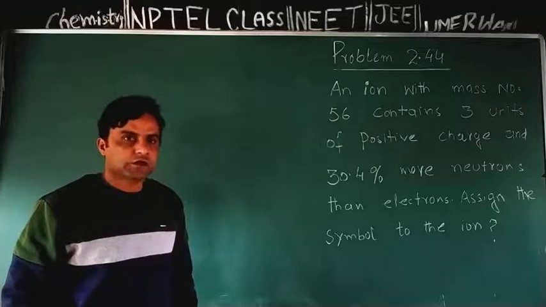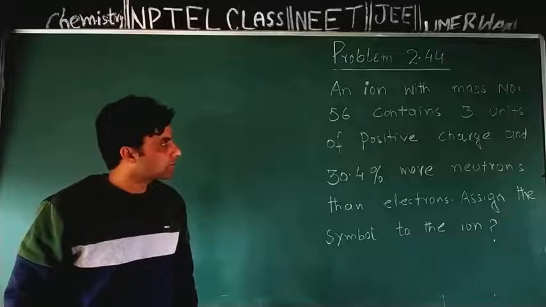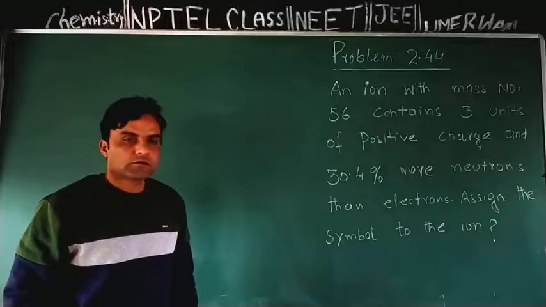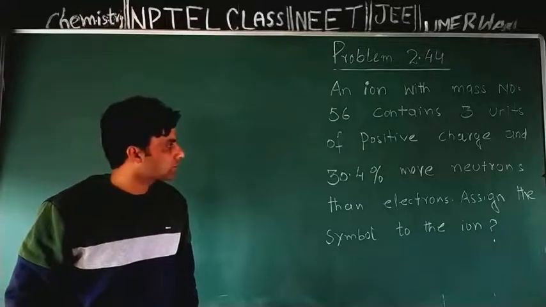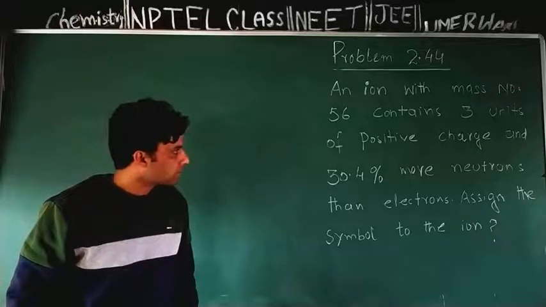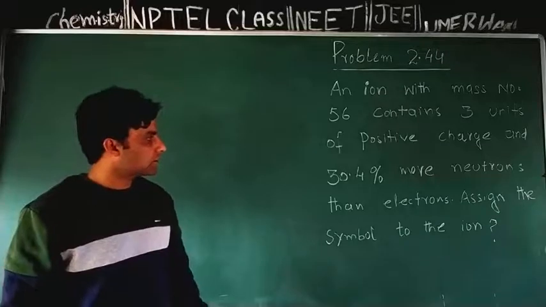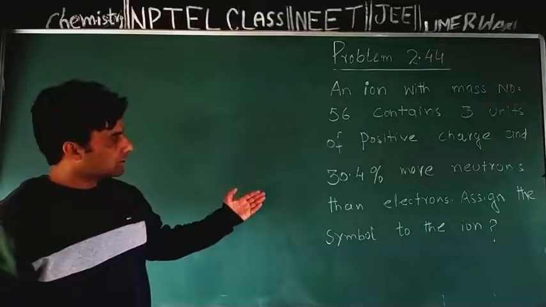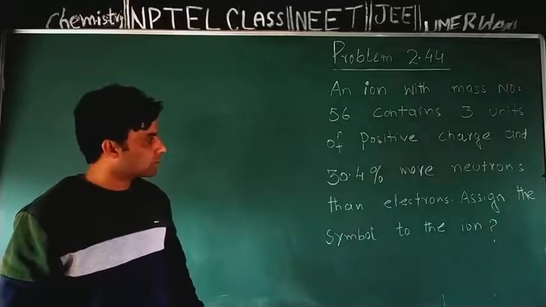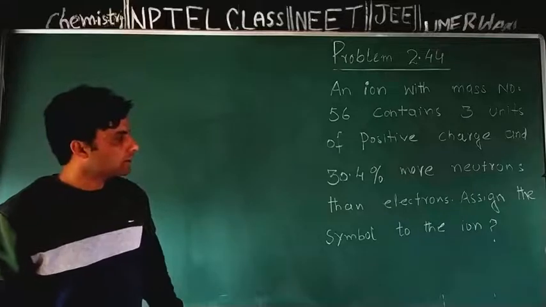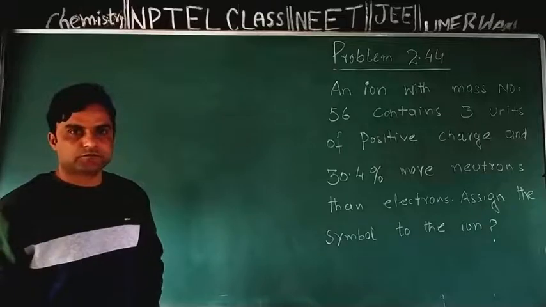Ion carries 3 units of positive charge, indicating that it is a cation, and magnitude of charge on this cation is 3, of course positive. Relation between neutrons and electrons for this ion is also given, that number of neutrons are 30.4% more than number of electrons. And finally we have to assign symbol to the ion.